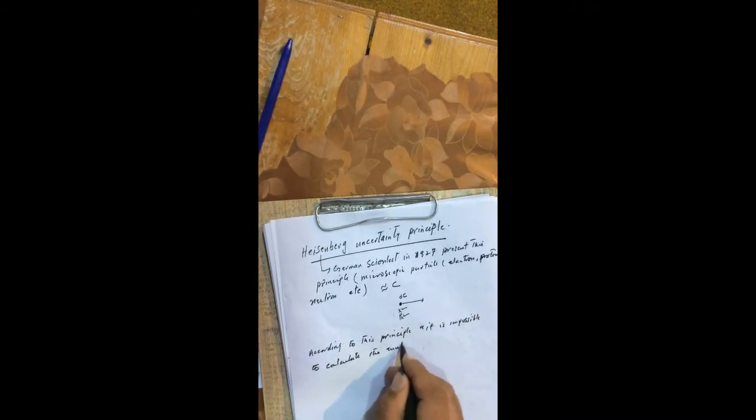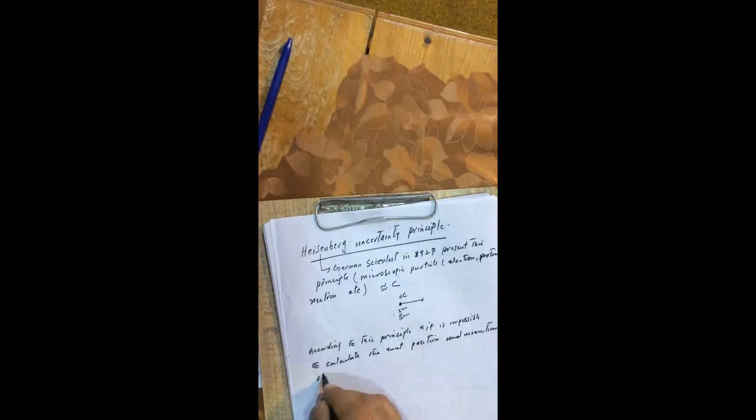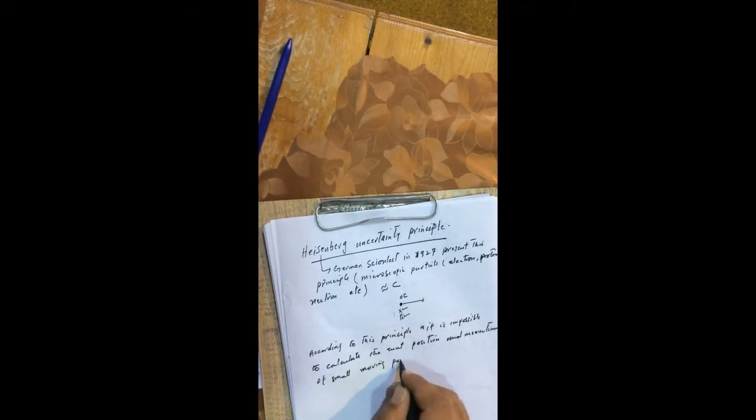it is impossible to calculate the exact position and momentum of a small moving particle precisely and simultaneously.